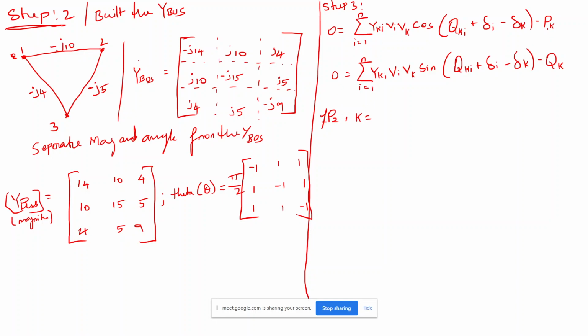So P2 is nothing but this equation. So what is k here? 2. Yes, it is 2. And what is i here? i is equal to 1 to n. So what is n here? 1, 2, 3. So n is equal to 3, for i equal to 1, 2, 3. So for these 3 i's, I need to give this k value. That is what we are finding out, right?